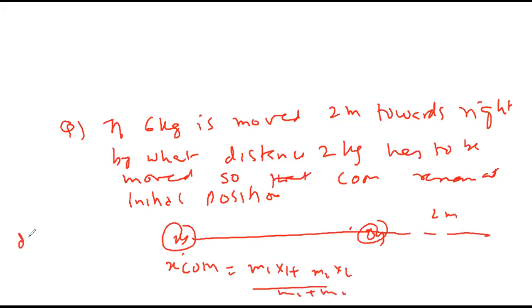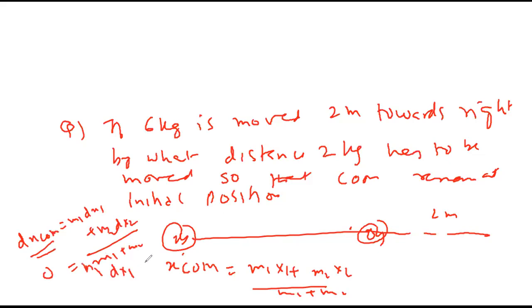So the change in x coordinate is (m1 change in x1 plus m2 change in x2) upon (m1 plus m2). The center of mass is not changing, so it is 0.